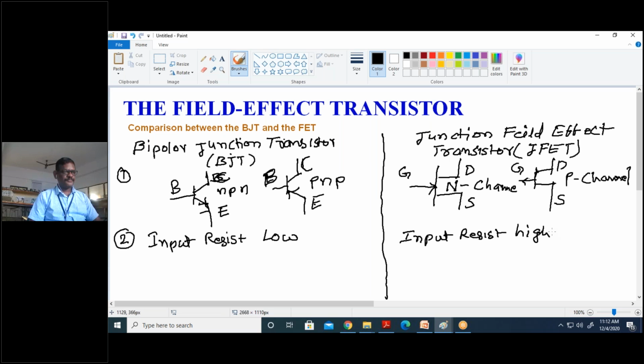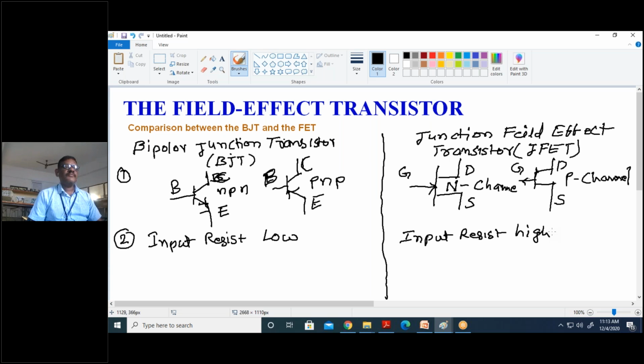Because the BJT input resistance is between the base to emitter junction, and the base to emitter junction is every time in forward bias. That's why, a junction going into forward bias has very low resistance, less than 100 ohms.